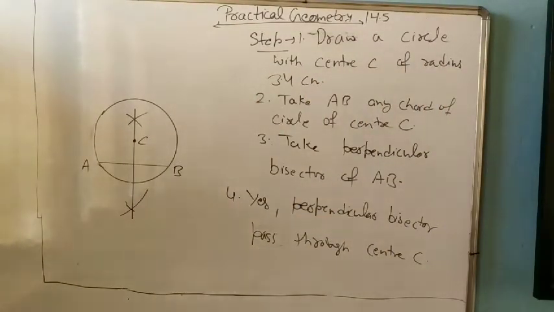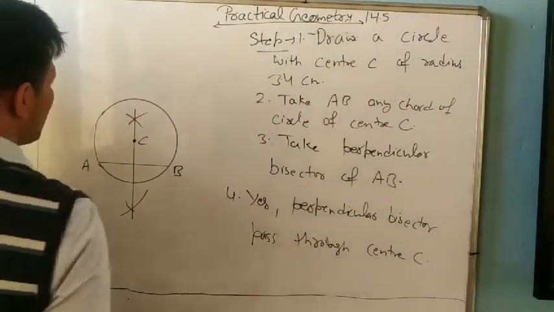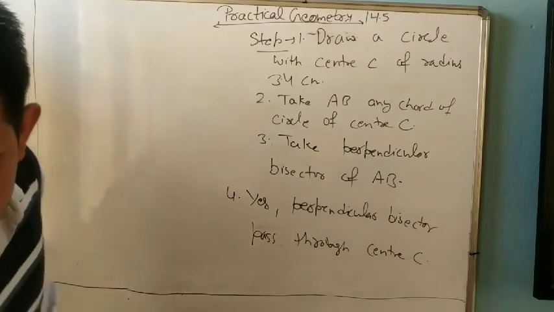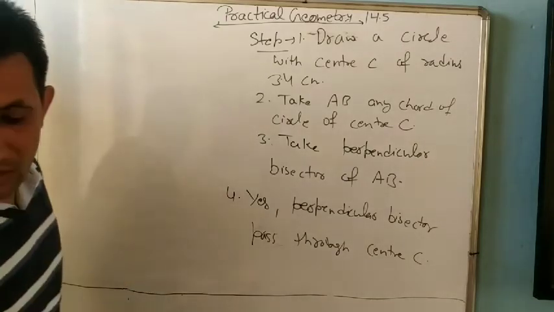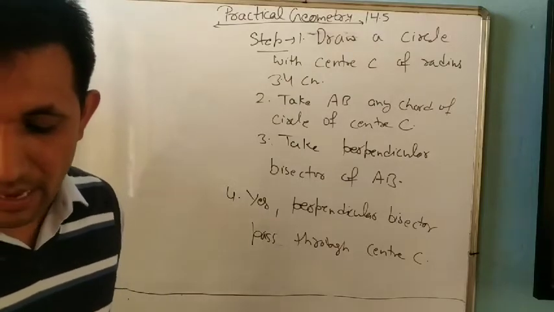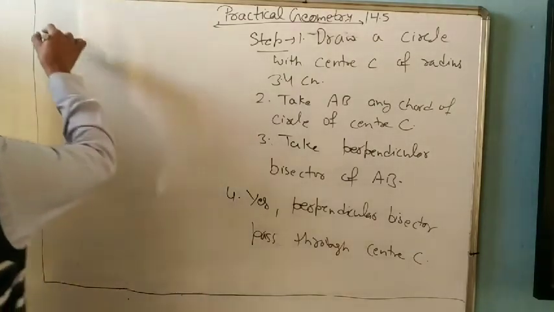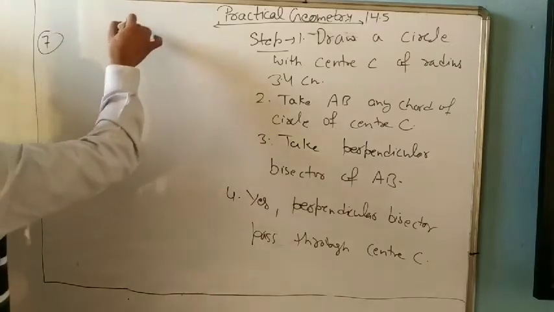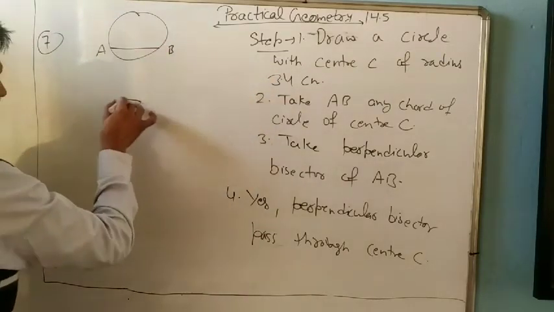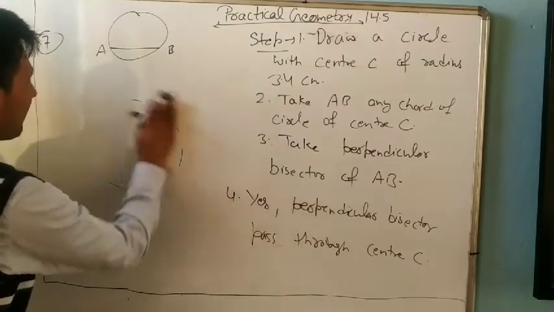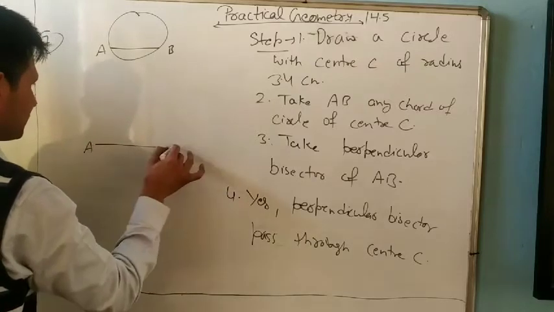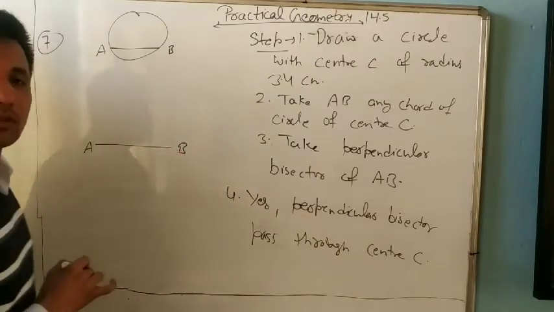Now question number 7 you will do yourself, because in question 7 what is given? Question 7: repeat question 6 if AB happens to be a diameter. In question number 7, in place of AB chord, a diameter is given. So everyone knows if AB is a diameter, how will we draw the circle?